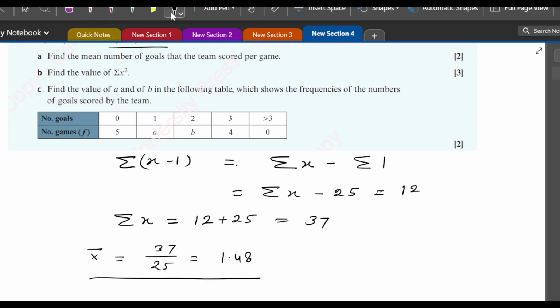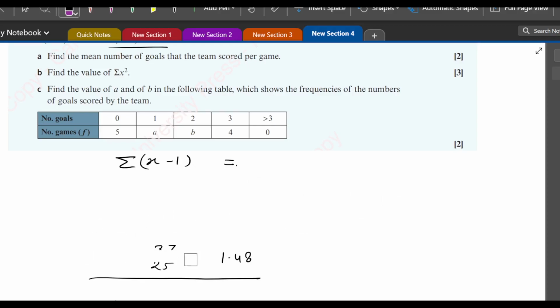Now let us understand a different approach. When I say summation of (x minus 1), that means whatever x values are given, every time I have subtracted 1. So what will happen to the mean? The mean will also reduce by 1.